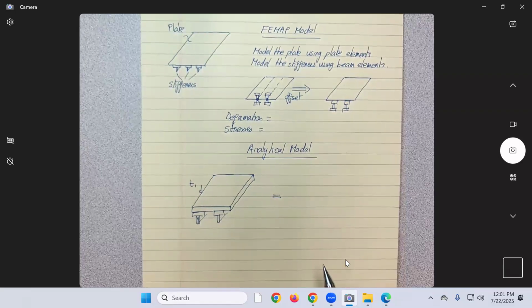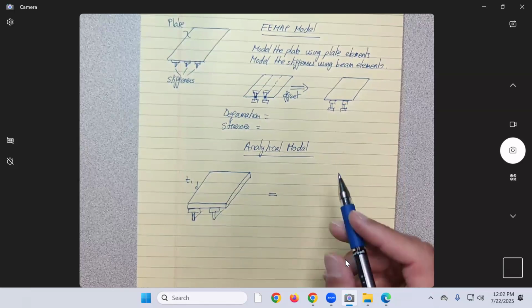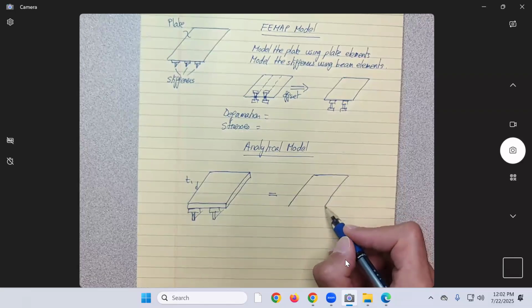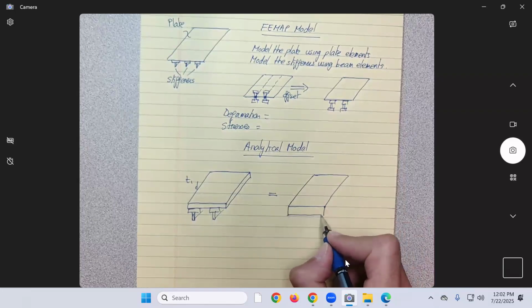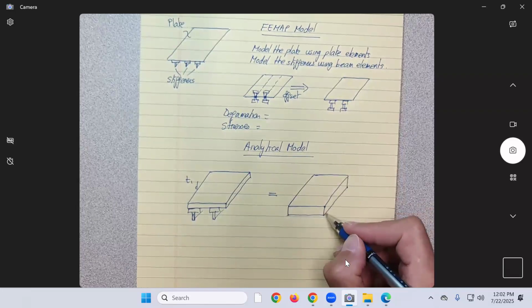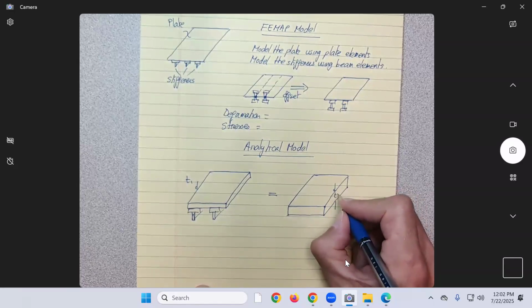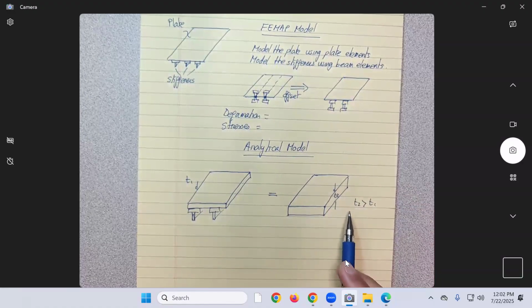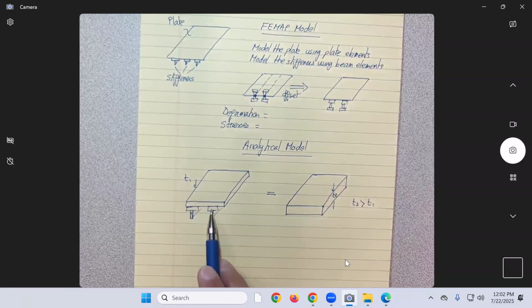We have a plate with stiffeners, and now I'm going to say that this is equivalent to just a plate, but this plate will be thicker, because on the added thickness I need to add the contributions of the stiffeners.